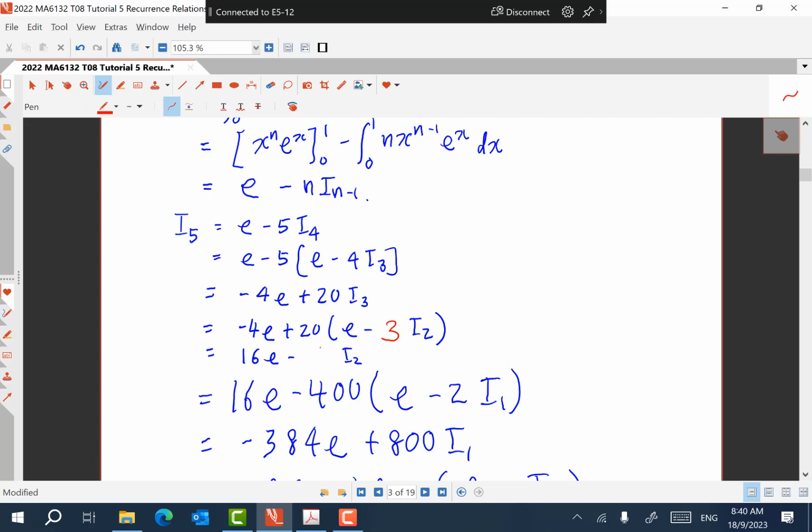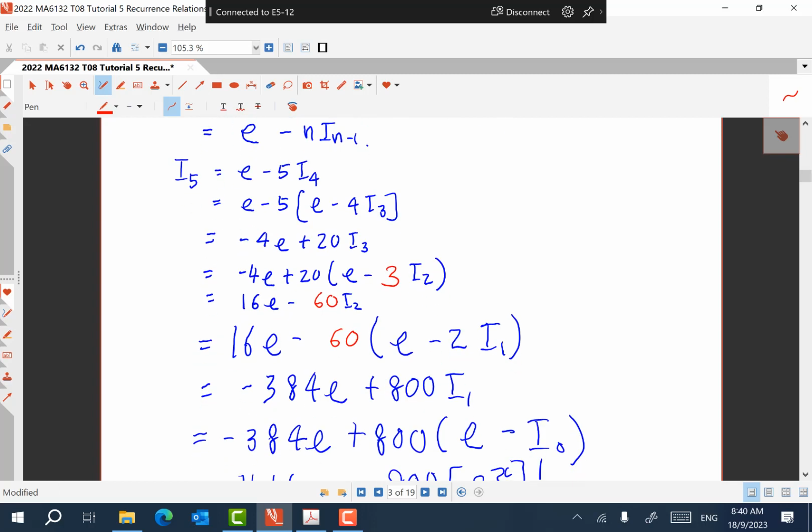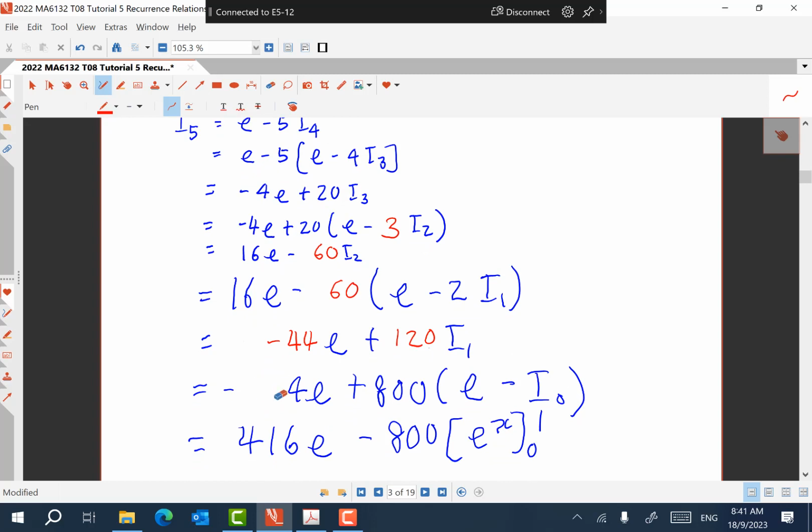This is minus 60. So this gives you 60, 120. Okay, this is devastating, you know. Minus 44. Luckily, it can be erased so easily, you know.